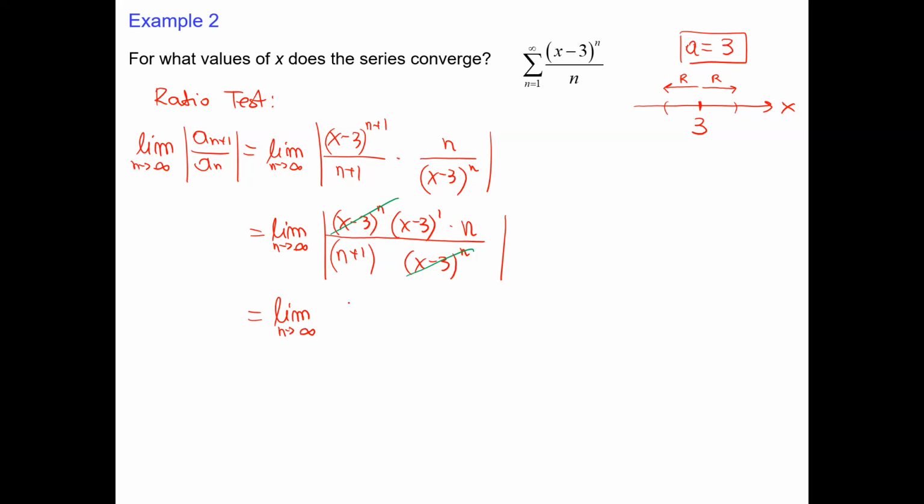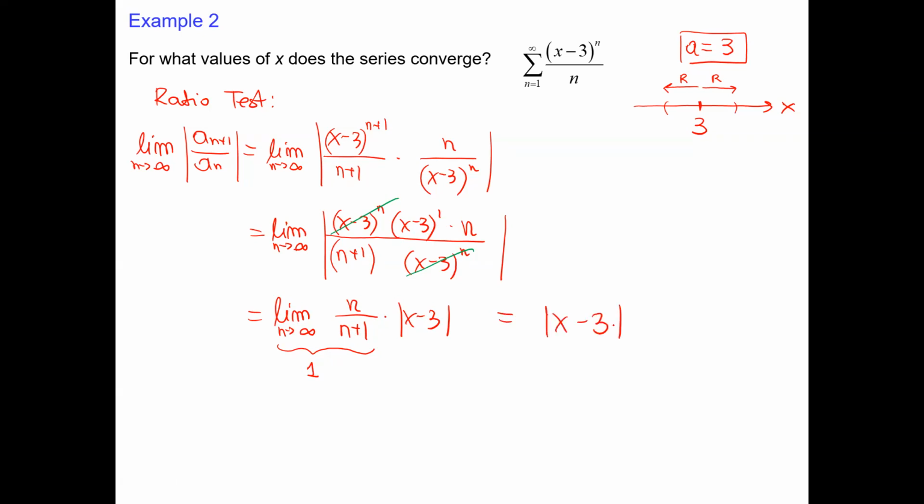Now, n on the top, n plus 1 in the denominator, and then the absolute value of x minus 3. We remember, we don't have to put absolute value of n. And now we have to compute this limit, n over n plus 1. The limit is 1 times the absolute value of x minus 3, which is the absolute value of x minus 3.